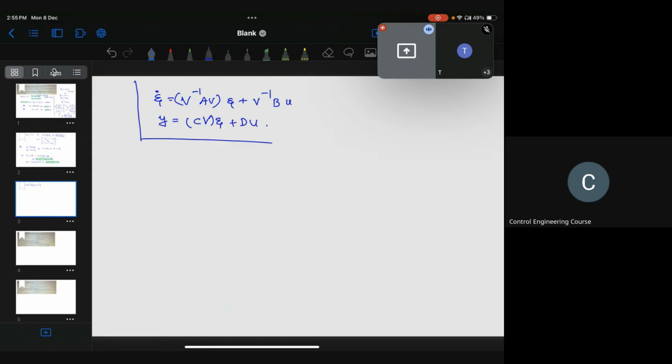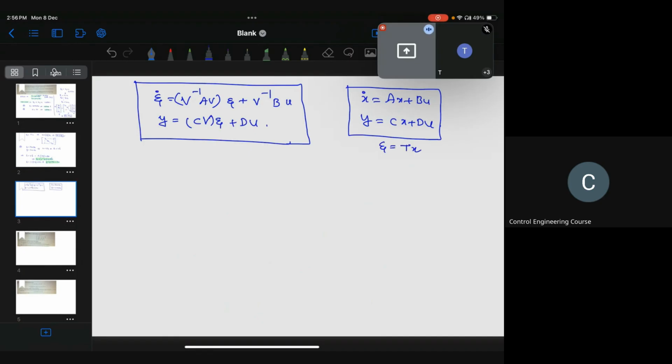So we started with x dot equal to Ax plus Bu and y equal to Cx plus Du, and we know the relationship zeta equal to Tx. Using these, we got our new state equations.